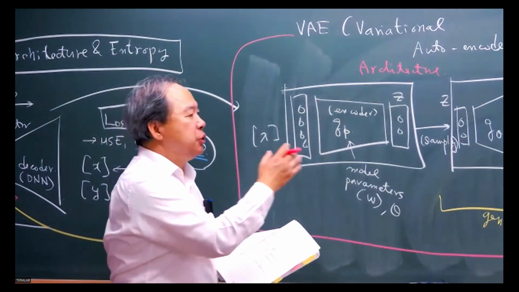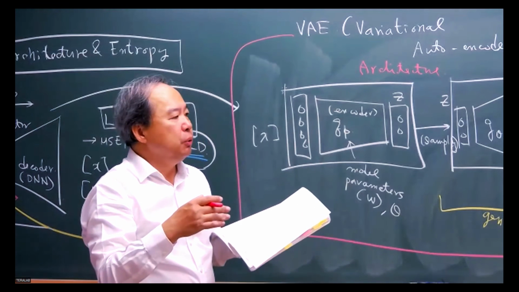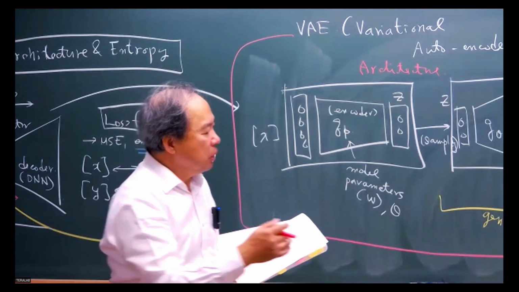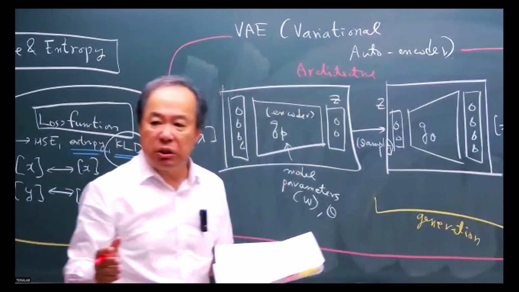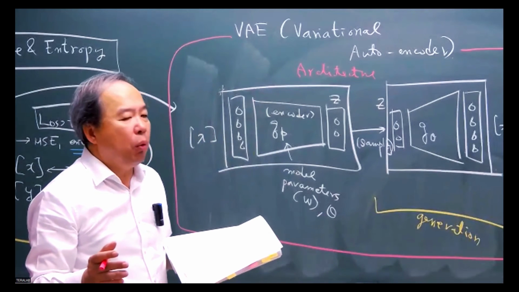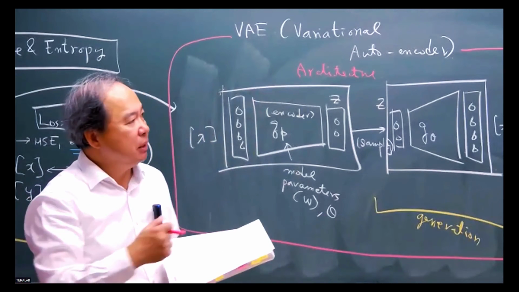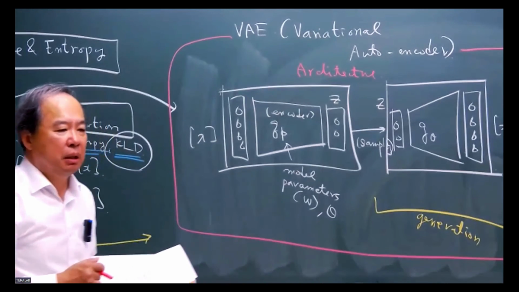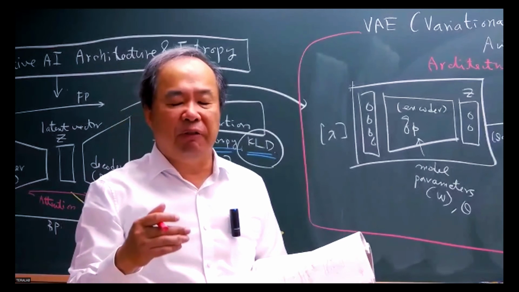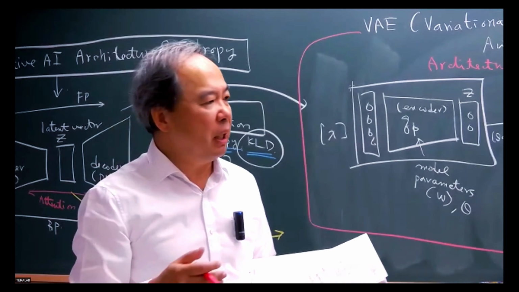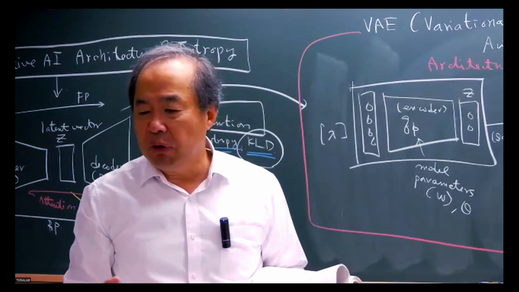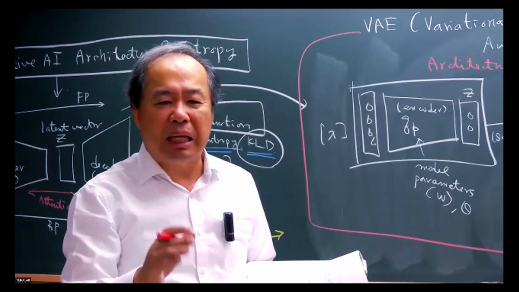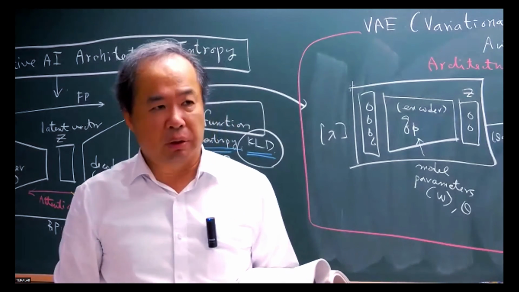Now, how are you going to train it? After the training, how are you going to generate new images or texts, and how are you going to define the loss function? Even though recently we have diffusion models, stable diffusion, and GAN or transformer models, I think it starts with this variational autoencoder.